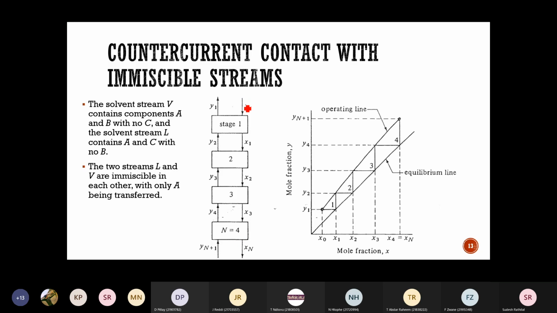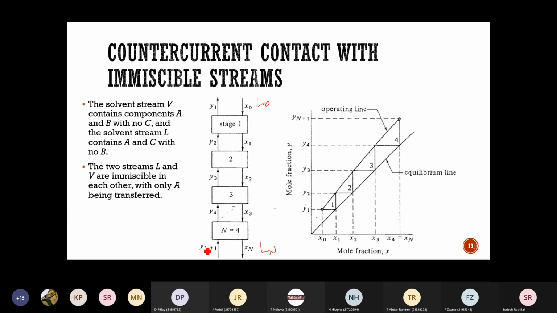What's coming in is your liquid stream, X naught, so that we can write that as L naught. Its concentration is X naught, its total flow rate is L naught. What's coming out at the bottom, its concentration will be Xn, and its flow rate will be Ln.